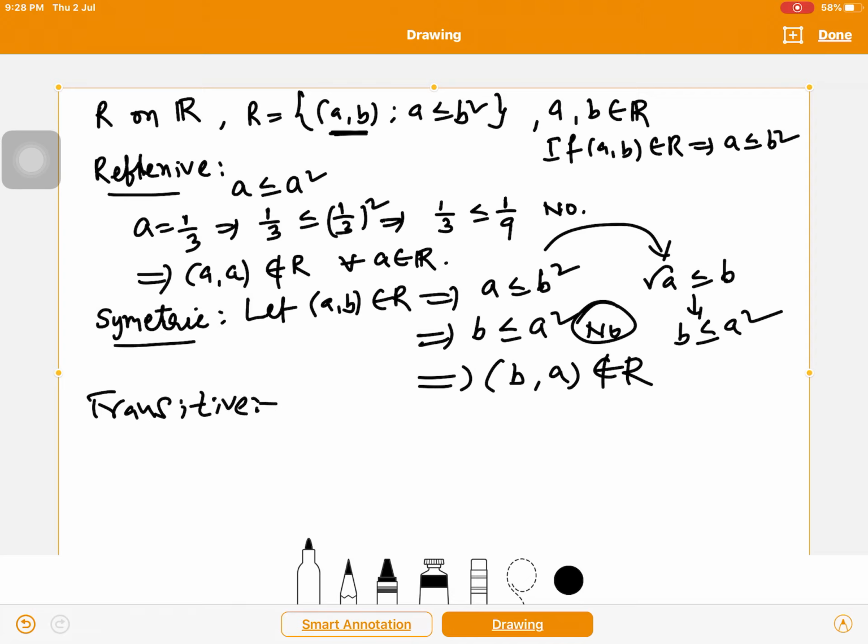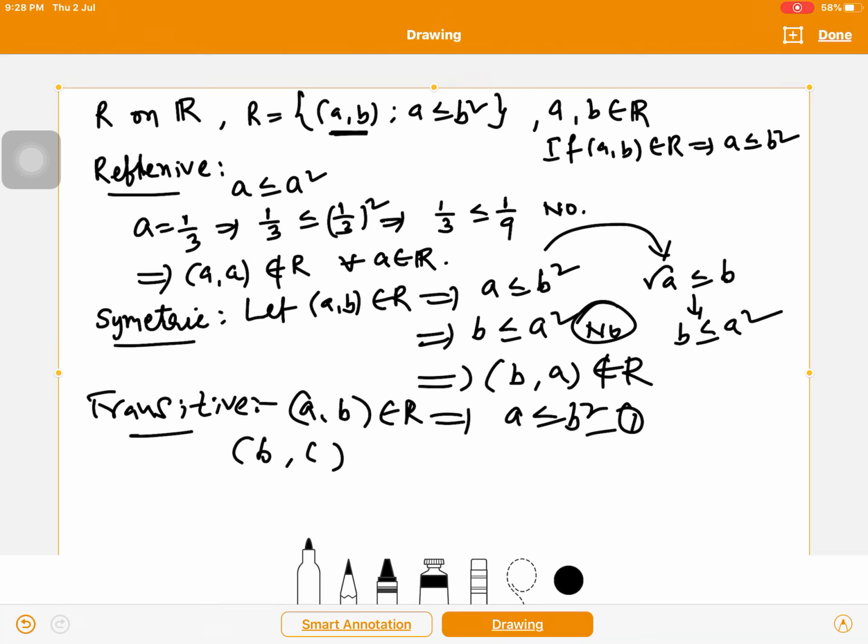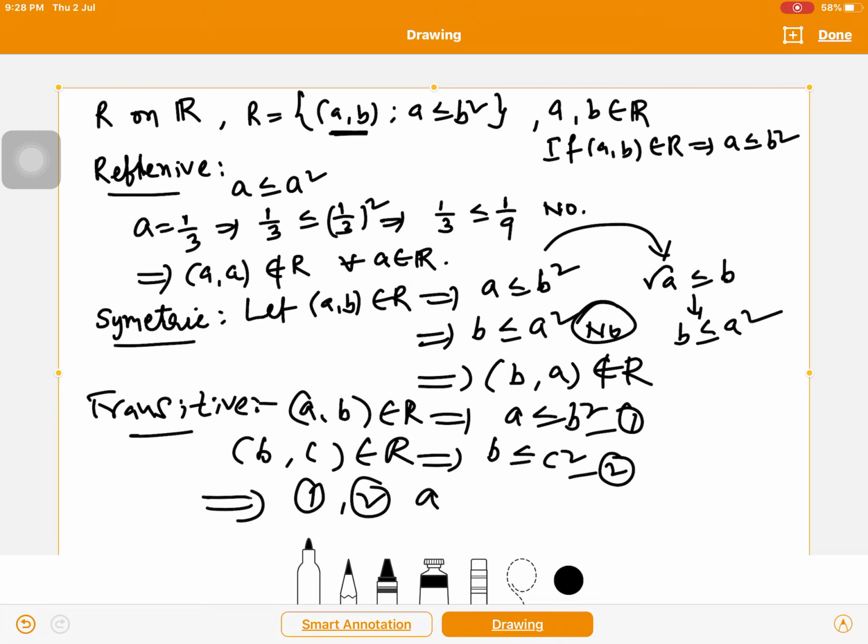see, first consider that (a, b) belongs to R. This implies a less than or equal to b square condition is with you. Next, which element should I take now? (b, c). (b, c) belongs to R. This implies b less than or equal to c square combination is also there. From these two, from 1 and 2, can you prove a less than or equal to c square?